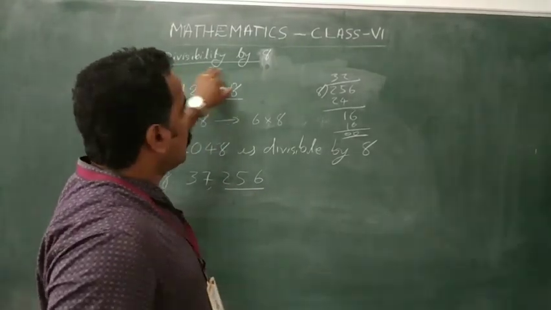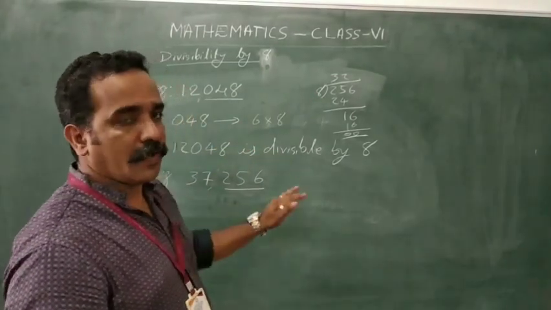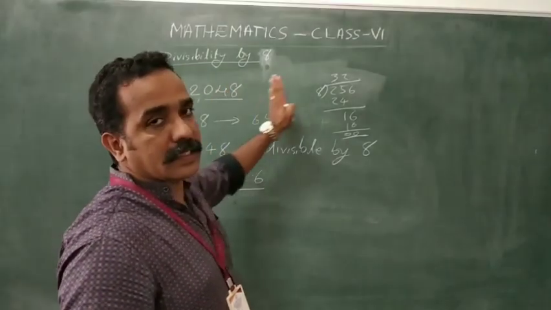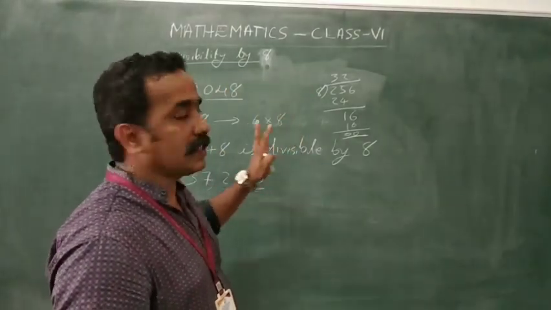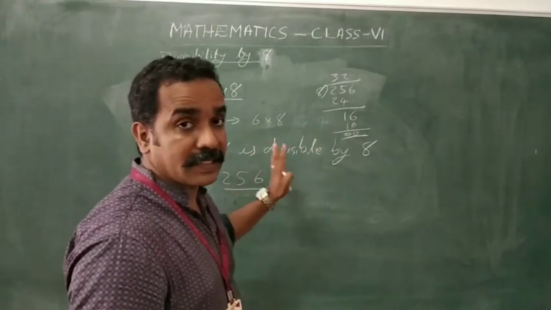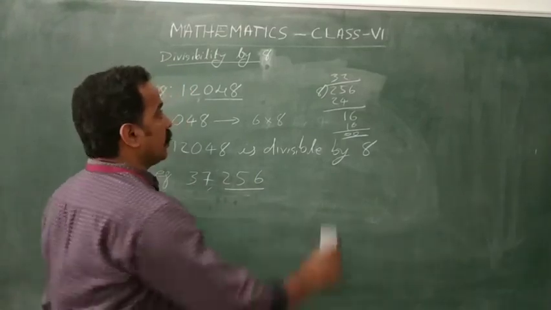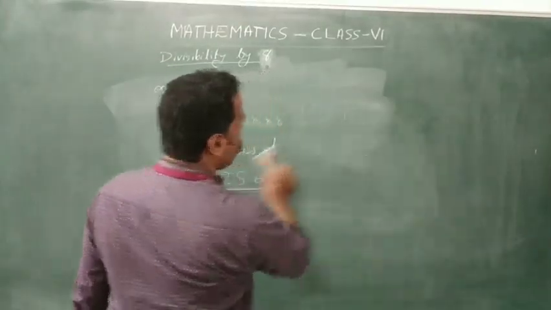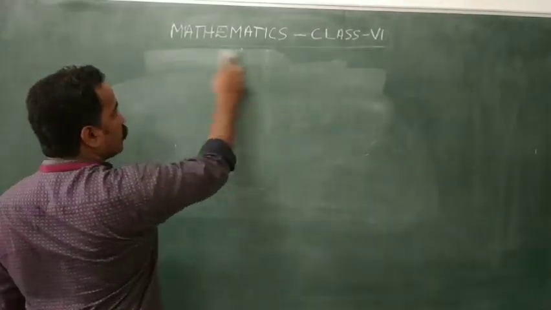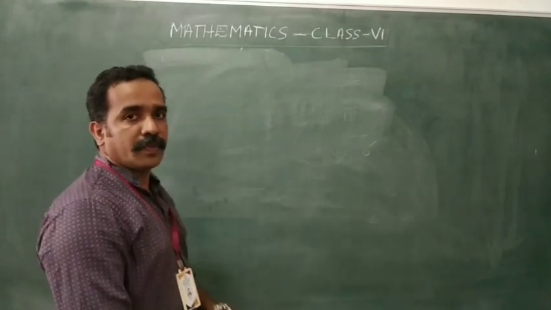Actually, the divisibility tests of 4 and 8 are somewhat the same. In the case of 4, the number formed by the last 2 digits is divisible by 4. In 8, the number formed by the last 3 digits is divisible by 8. Understand? And also one more thing, if a number is not divisible by 4 or 2, then it is not divisible by 8 also.